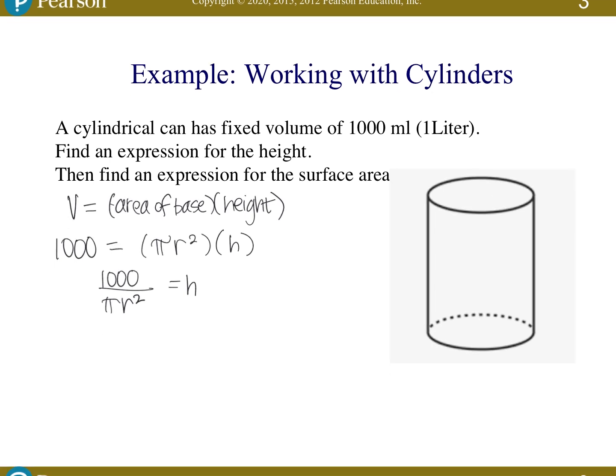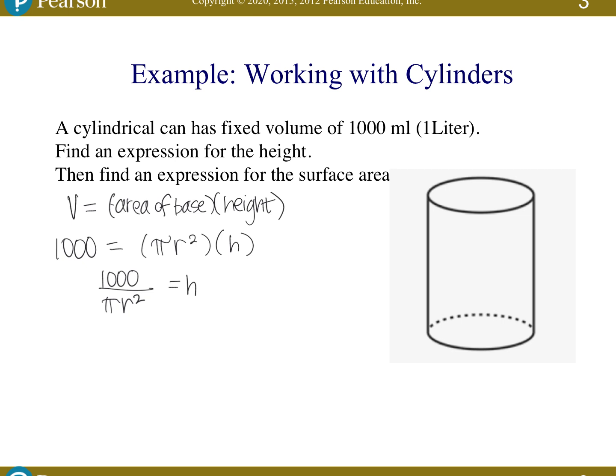The second part of this tells us to find an expression for the surface area. So the surface area is the pieces. If you were to cut this thing out into pieces, what different shapes would you have? There are multiple pieces that put this together. The shape on the bottom is a circle, and so is the shape on the top.